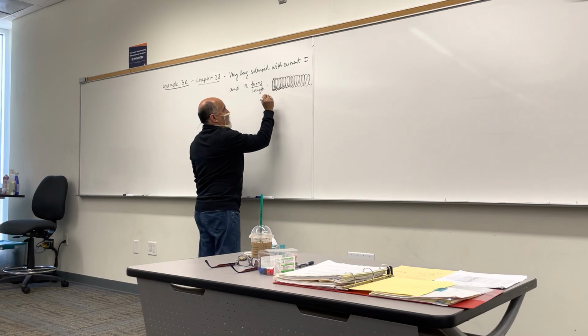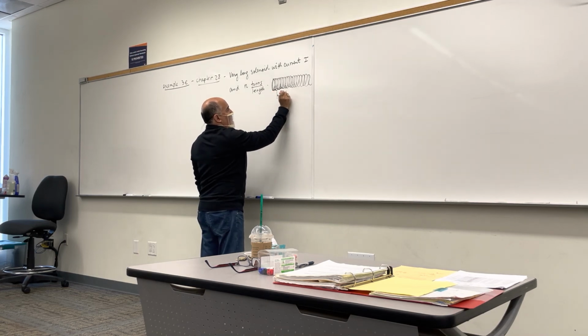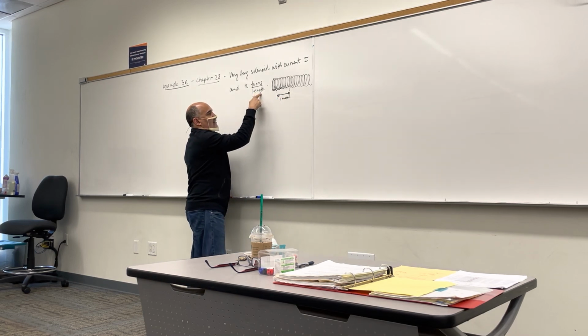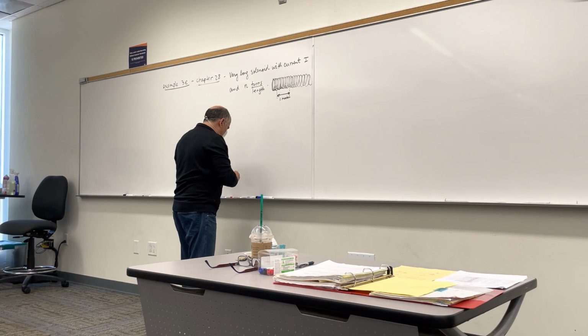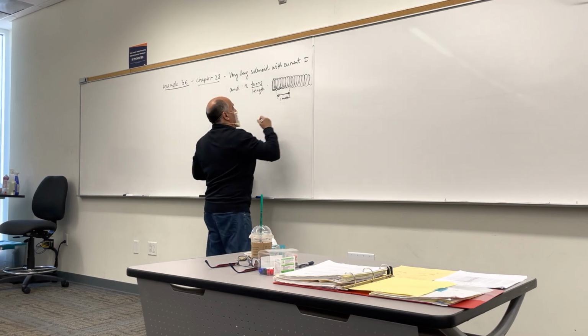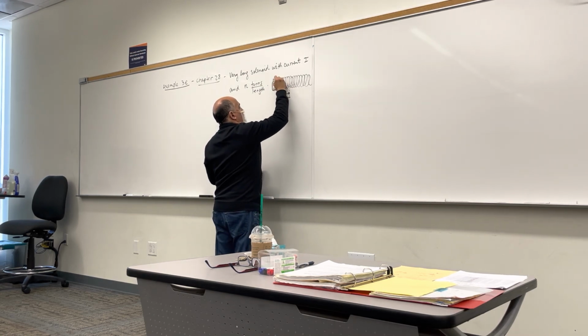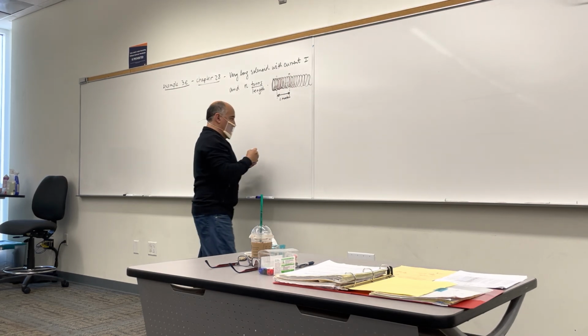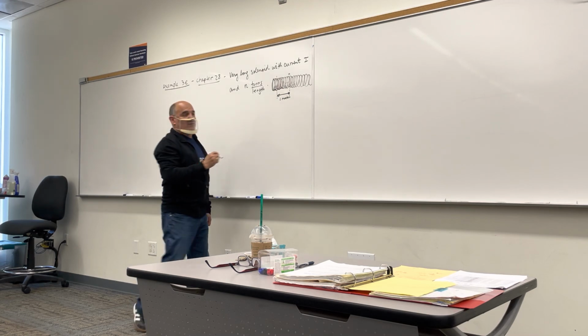If you consider a length of 1 meter, which is the unit of length, then in that length of 1 meter you're going to have 1, 2, 3, 4, 5, up to little n turns. So n turns in that length of 1 meter.